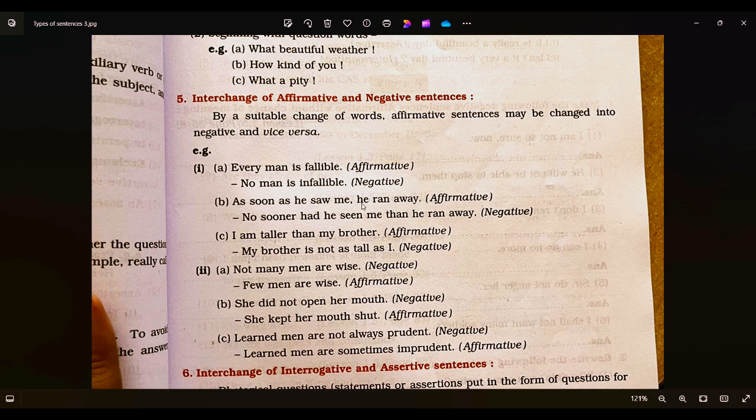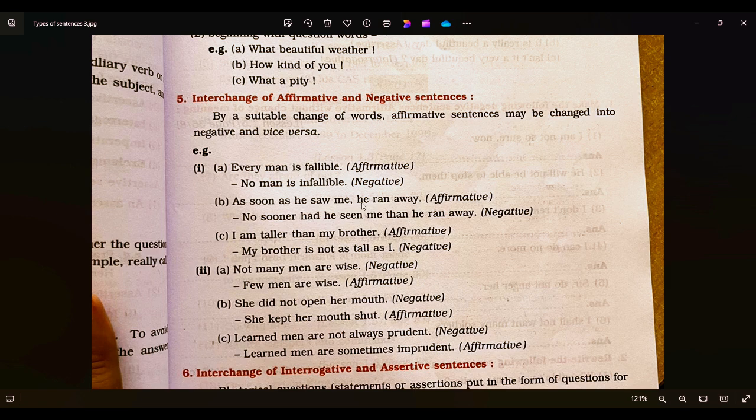transformation of sentence. Here we have interchange of affirmative and negative sentence. By a suitable change of words, an affirmative sentence may be changed into negative and vice versa. It means when you are changing a sentence from affirmative to negative, there are certain things that you should remember.